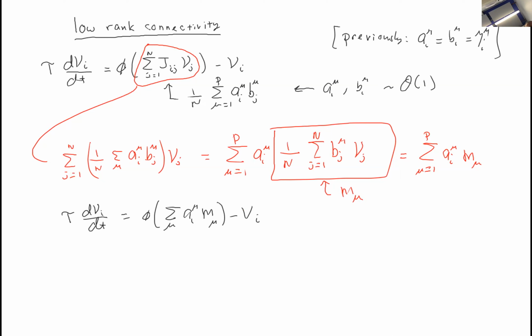And now what we can do is operate on both sides. So operate with 1 over N, the sum over i of B_i^alpha.